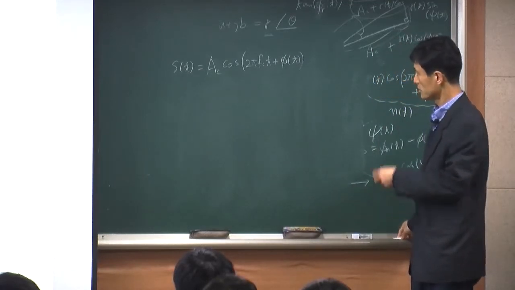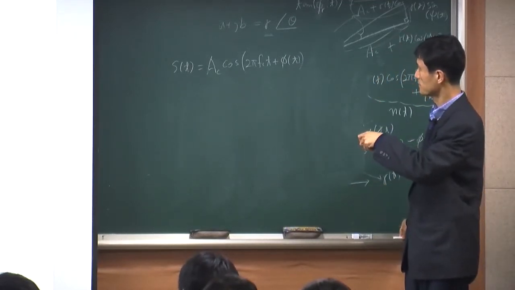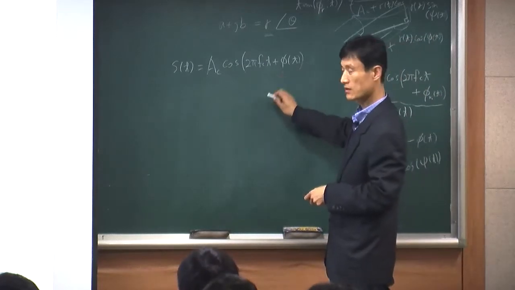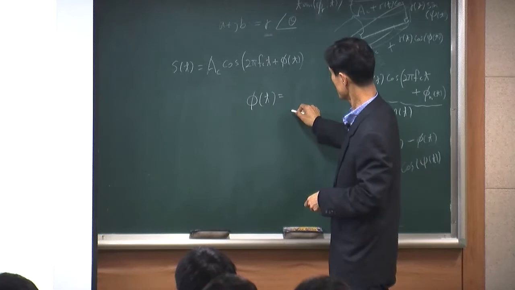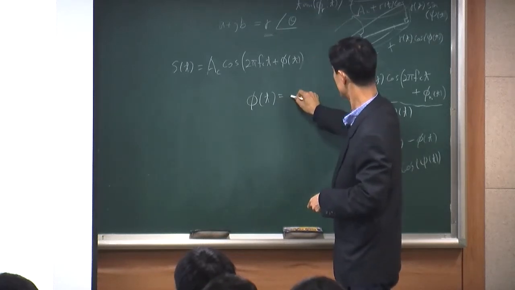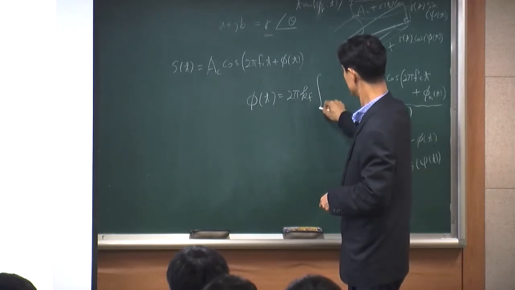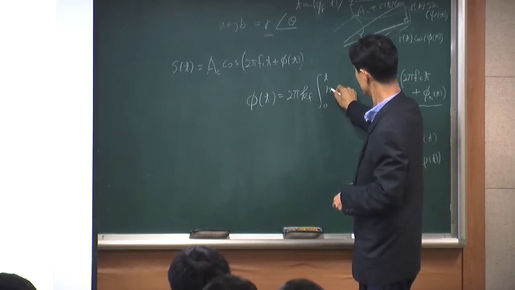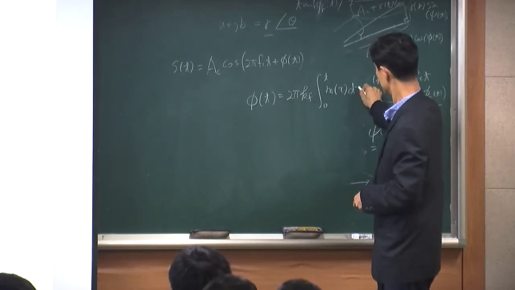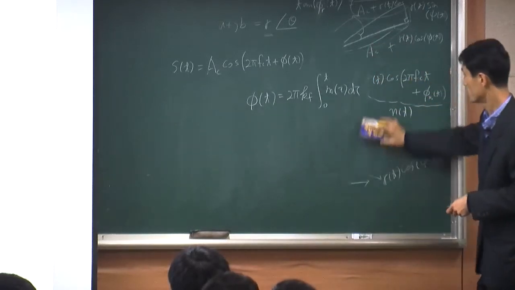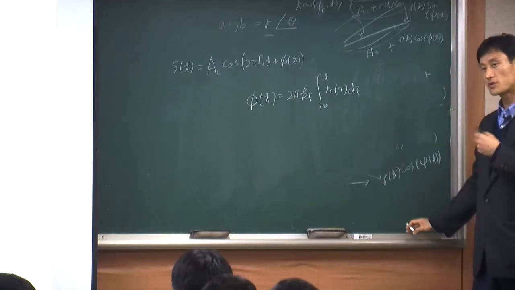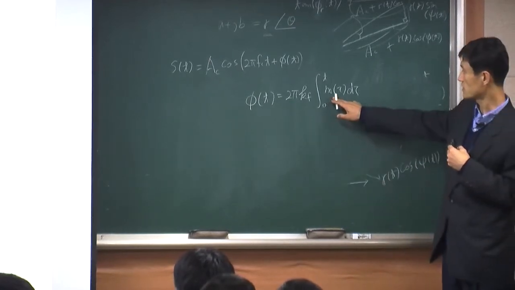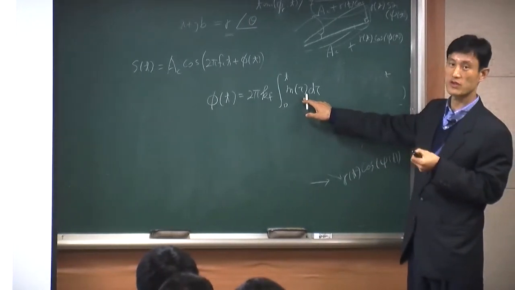So that was your st. But the phi t, which is the phase term, is this one. That is our relationship in the FM signal. And our eventual goal is to bring out the message. We want to recover the message.